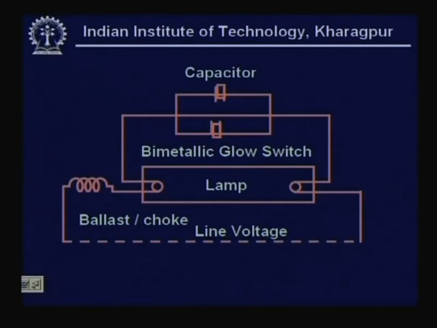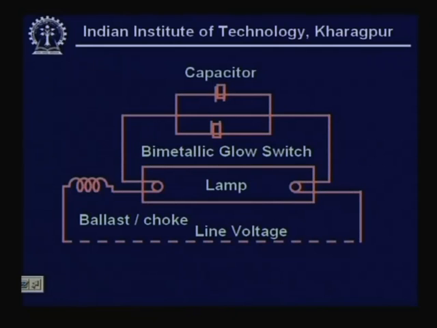We will look into the electronic ballast during that, but suffice it to say, in the circuit sense, it is an inductance which helps in boosting the voltage initially to strike the arc and later on to control the current.